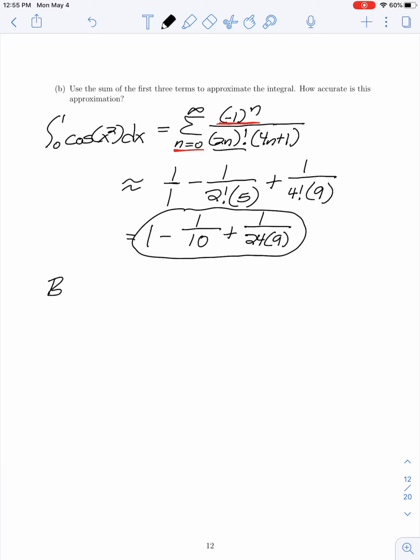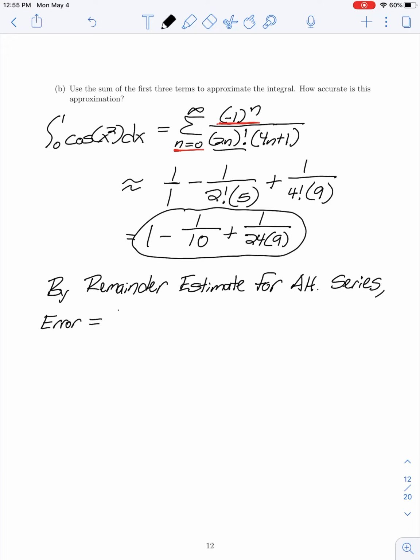So by making use of the remainder estimate for alternating series, the error in this approximation is given by the absolute value of the remainder in my nth partial sum approximation.